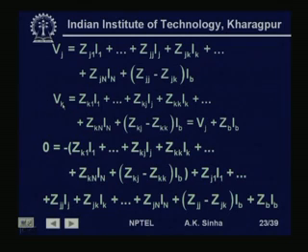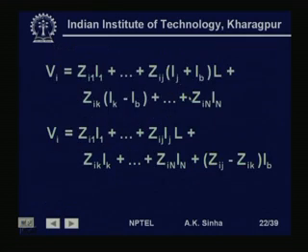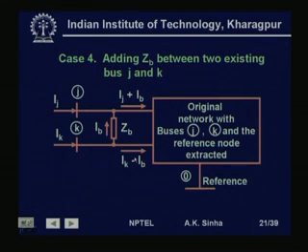Similarly, for any other bus K, we can write this in a similar way, where at bus J we have Ij plus Ib. So we have Zkj into Ib, and at bus K we have Ik minus Ib.